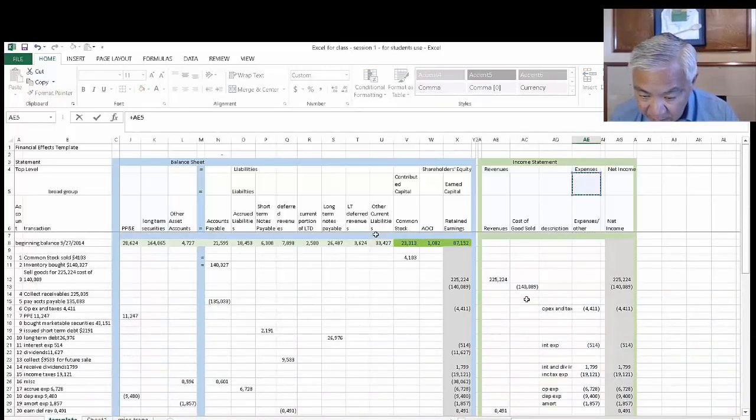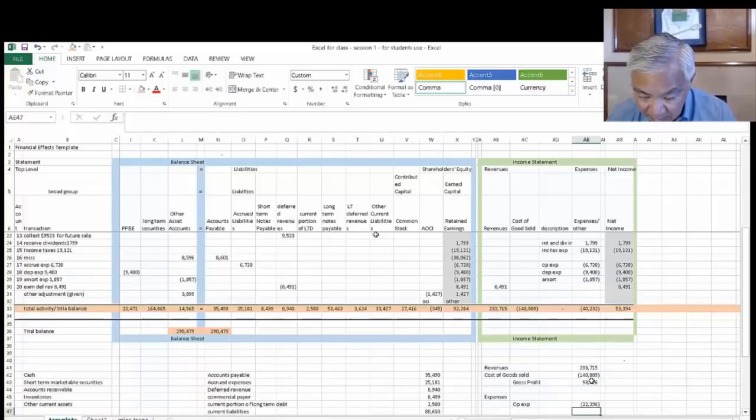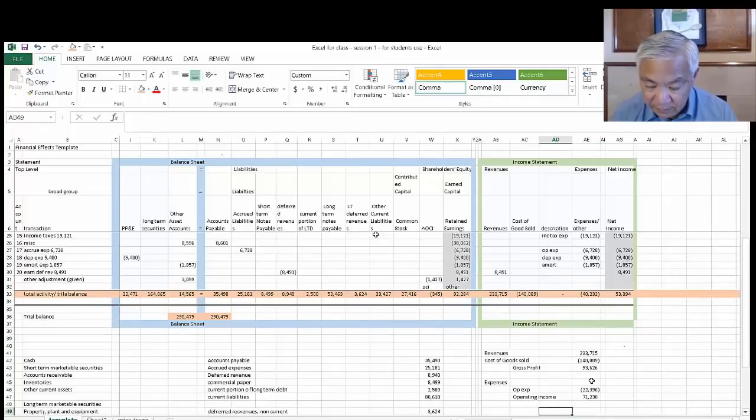Here we do a little careful hunting and pecking. We had that item, and that item, and depreciation and amortization. These are all operating expenses. And so net of that is operating income, plus gross profit, plus the minus number, 71.